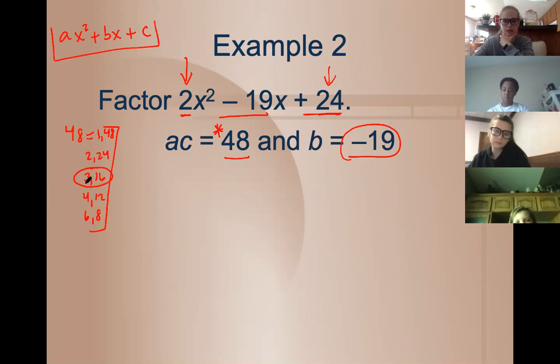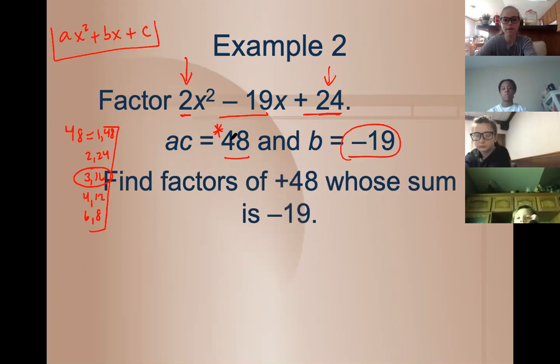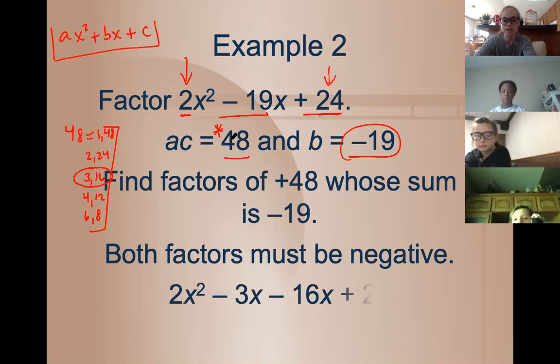Yes. If they're both negative, negative 3 minus 16, that will get me negative 19. Well, is negative 3 times negative 16, will that get me a positive 48? Yes, it will. Okay, so here we go. Find the factors of 48 whose sum is negative 19. We did that. Negative 3 and negative 16x, correct?